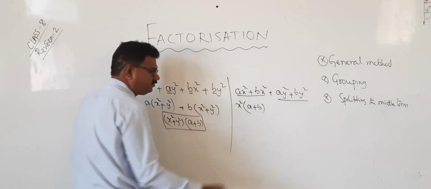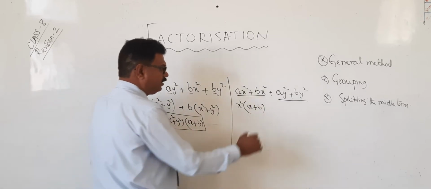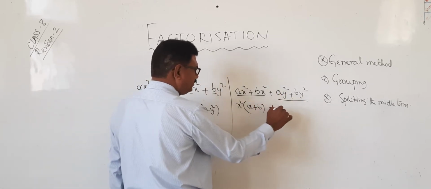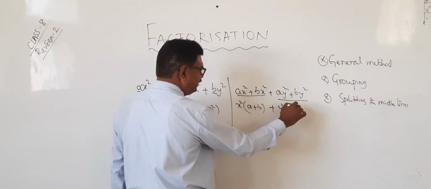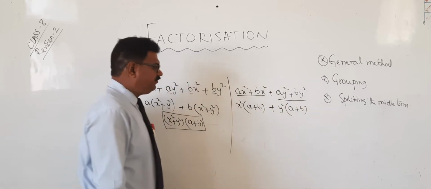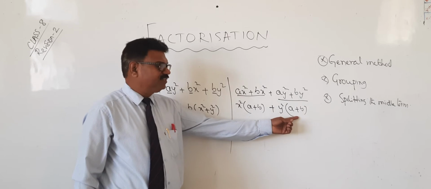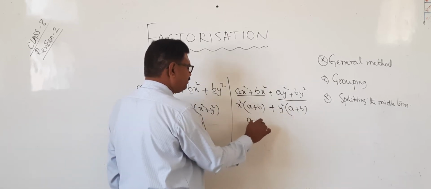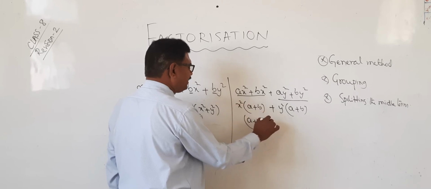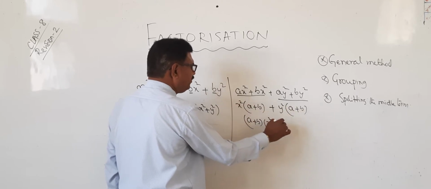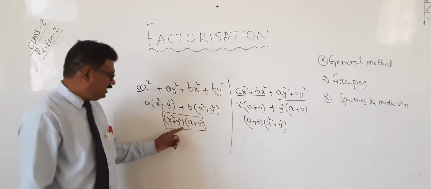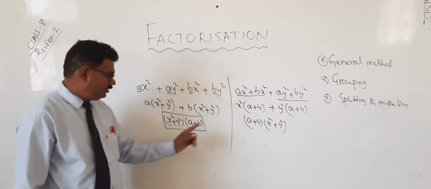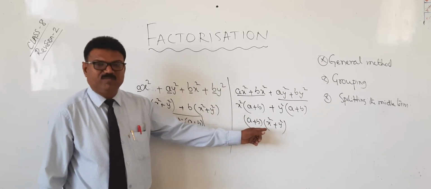A plus b. Plus here what is common? Y square. What is remaining? A plus b. If you observe the bracket must be same, then again we have to take common a plus b. Now what is remaining? X square. Here what is remaining? Y square. A plus b, a plus b. X square plus y square.